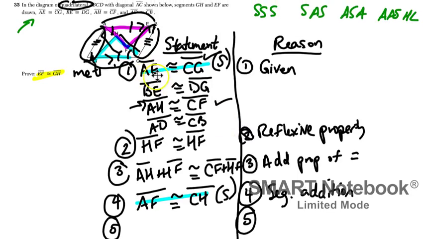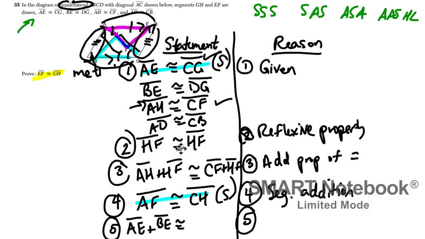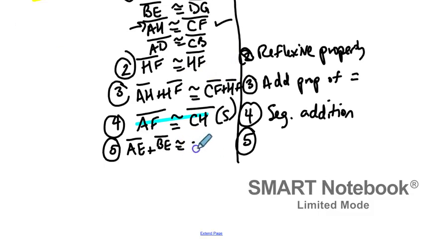So from my givens, I know that AE plus BE is congruent to CG plus DG.